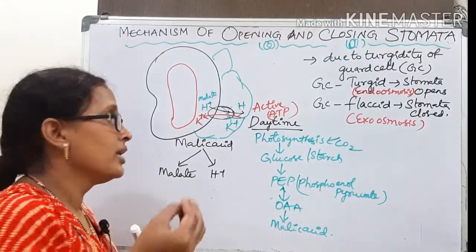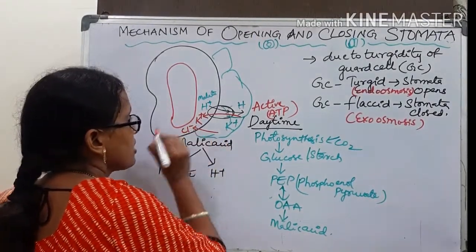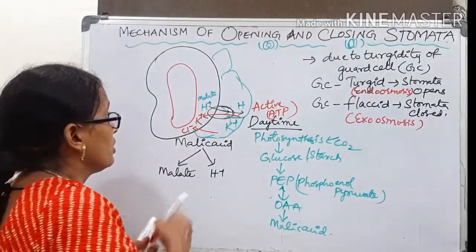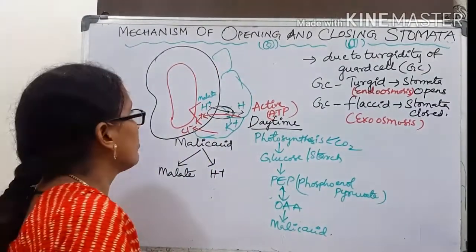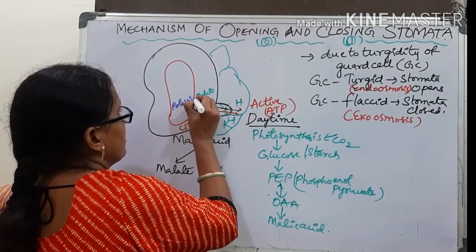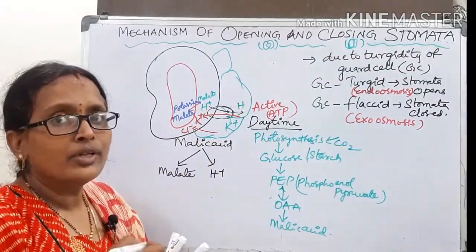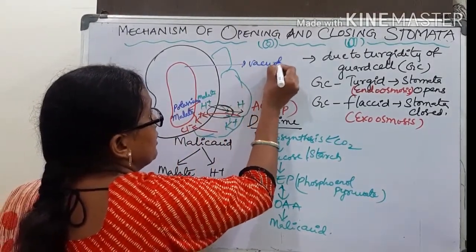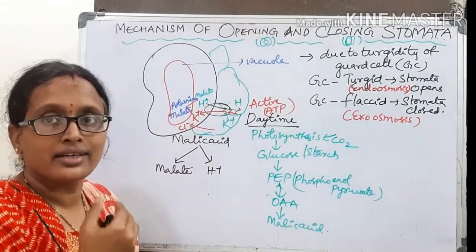At the same time K plus ions enter, and passively some chlorine ions also enter the guard cells. This malate and potassium form potassium malate, and it enters the vacuole.